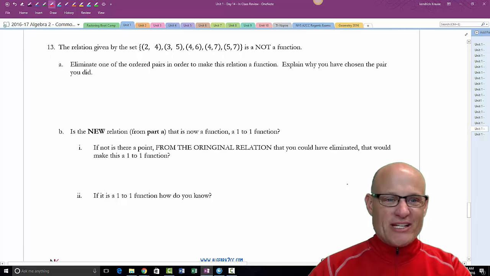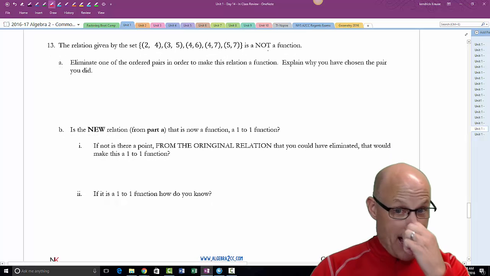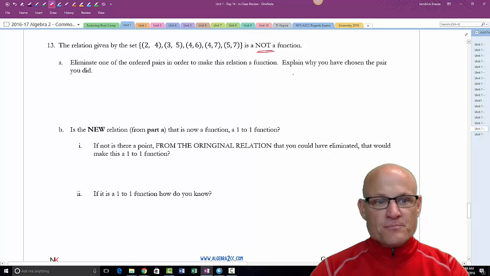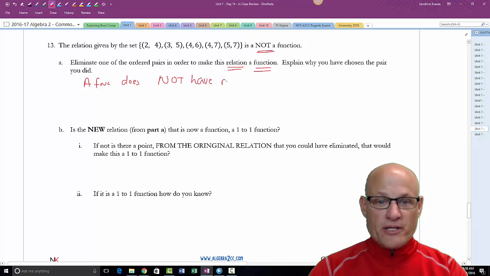The relation given by the set (2, 4), (3, 5), (4, 6), (4, 7), (5, 7) is not a function. Eliminate one ordered pair in order to make this relation a function. Explain why you have chosen this pair. So a function does not have repeating x values.